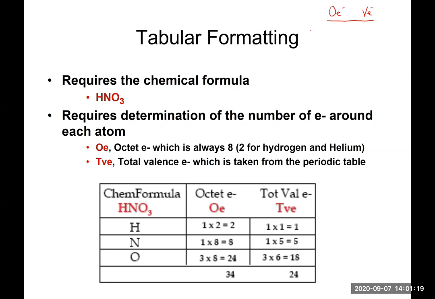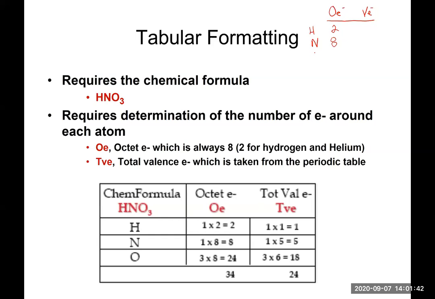So we start by looking at hydrogen. And we know that the octet for hydrogen or helium, it's theoretical and it's always 2. And we can look at nitrogen, and we know that everything on the periodic table theoretically wants 8 electrons, except for hydrogen and helium. So that means nitrogen wants 8 electrons.